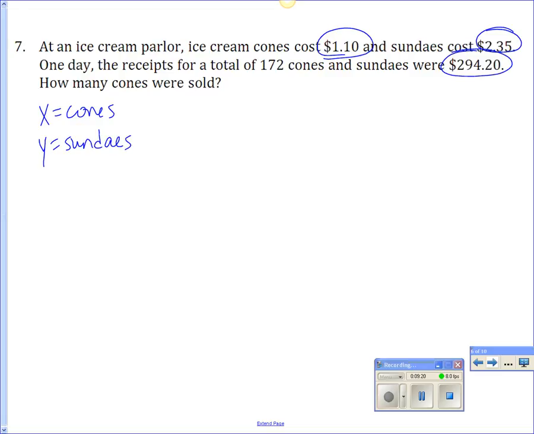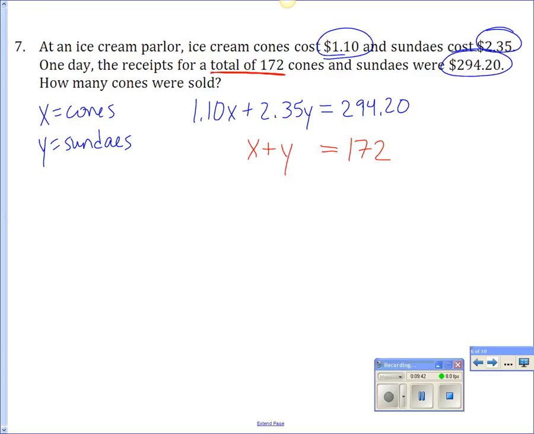So my money equation is going to be $1.10x plus $2.35y equals 294.20. The only number I have left is 172, and that's my total. So it goes after the equals. I don't have any numbers left, so I put x plus y.